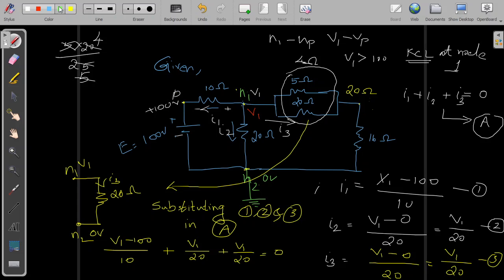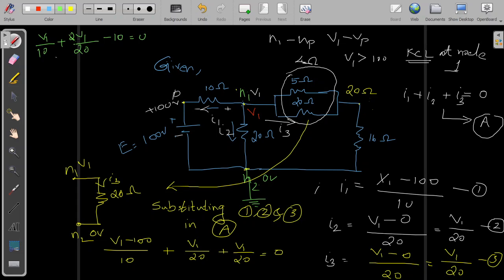On solving this, I will get V1 by 10 plus 2 V1 by 20, minus 100 by 10, which is minus 10, equal to 0.